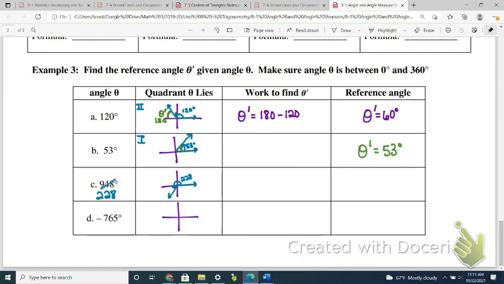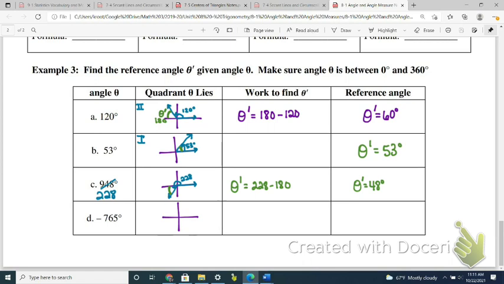So my theta is how far away from this line is it? So that means I need to take 228 and subtract 180 because that's my closest x-axis. And I get 48 degrees.